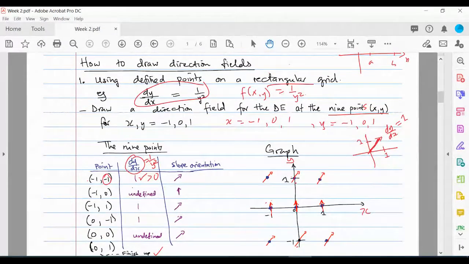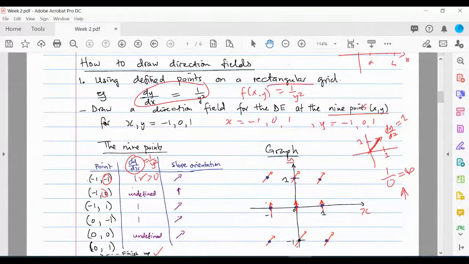So now we go to the point minus 1, 0. At this point, y is equal to 0. So 1 over 0, that's where we have our infinity, undefined. When the slope is undefined, it means the movement in the x direction is 0.